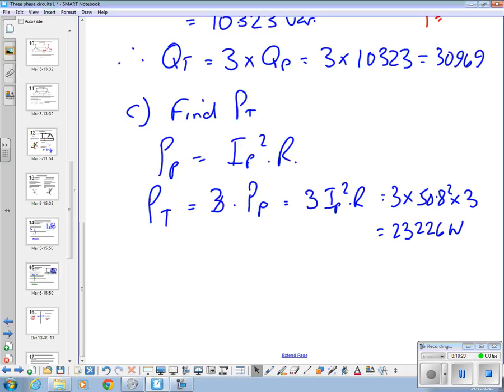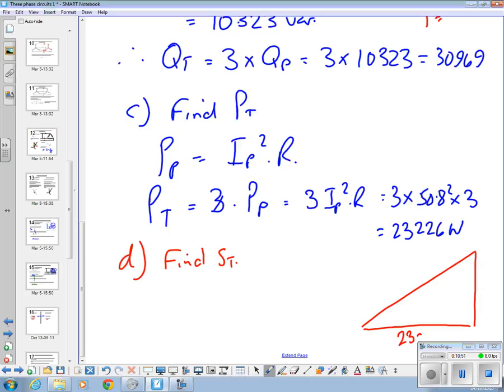What we're going to draw to find the total apparent power. There's our old friend, the triangle. 23226.